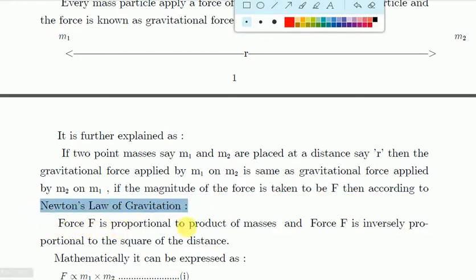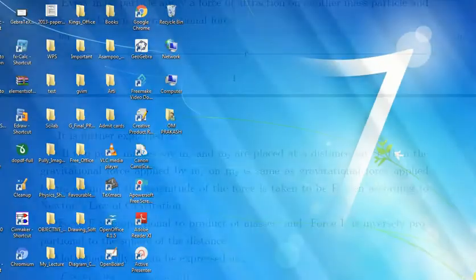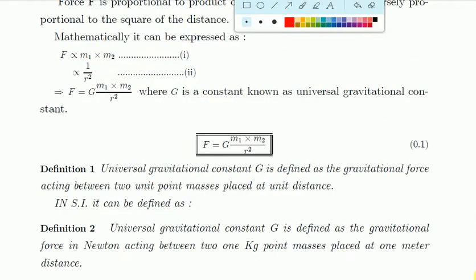If the magnitude of force is taken to be F, then according to Newton's law of gravitation, force F is proportional to the product of masses, and force F is inversely proportional to the square of the distance. So F is proportional to m1 into m2, and proportional to 1 upon r square.